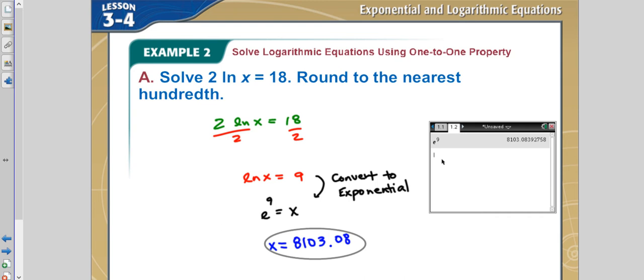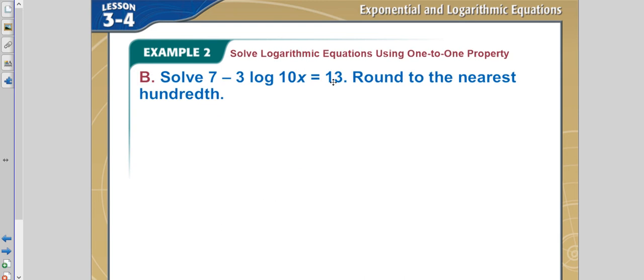Okay, let's try another one here. It says solve this equation, round to the nearest hundredth, and again I'm going to isolate. Now, careful, this is not a base here. I'm going to isolate the logarithm first. So I need to get rid of the 7, and I do so by subtracting 7.